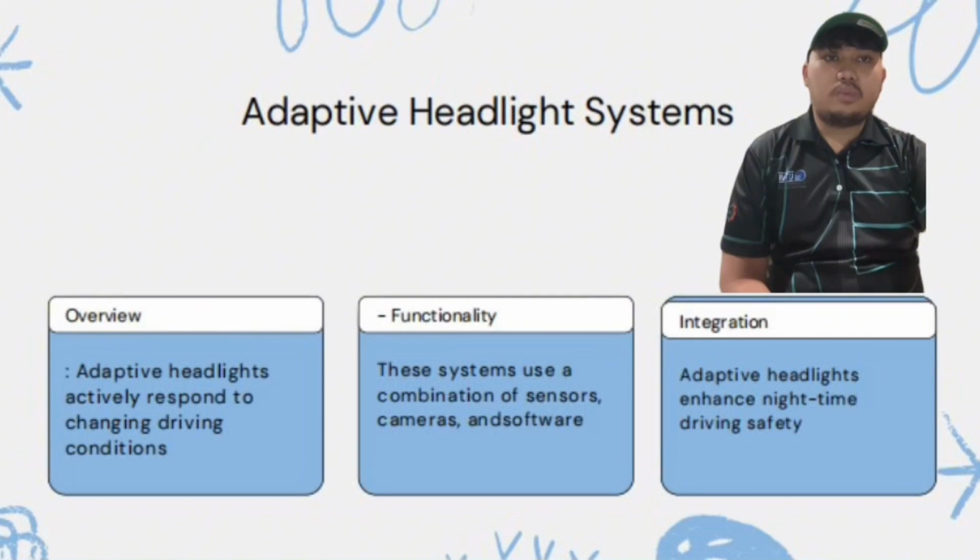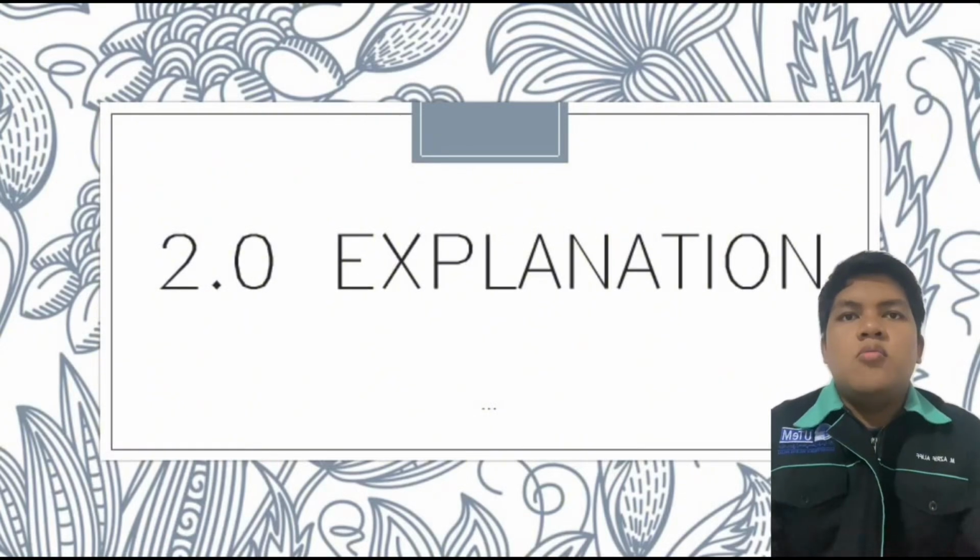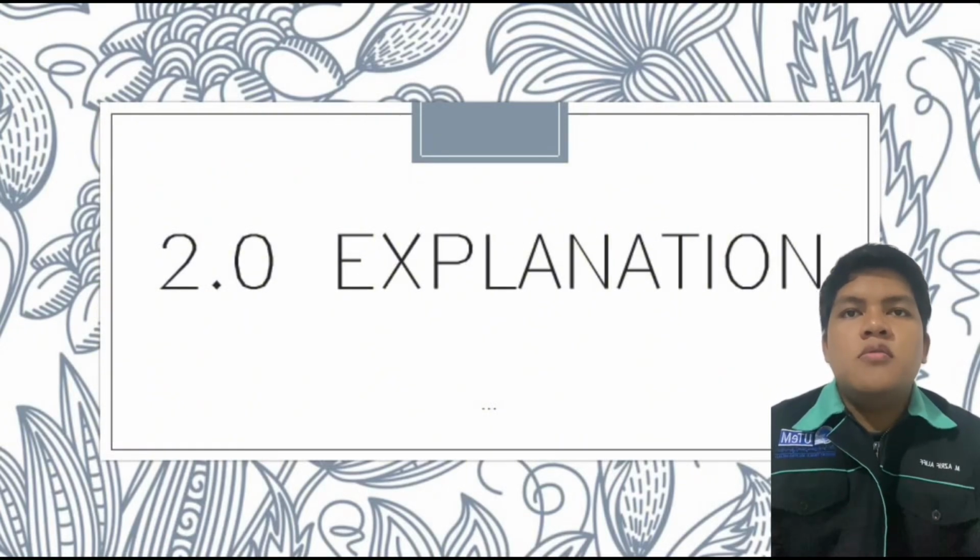They ensure optimal light distribution without blinding other drivers. Benefit: adaptive headlights enhance nighttime driving safety by automatically controlling the headlight beams, providing optimal lighting without manual input from the driver.